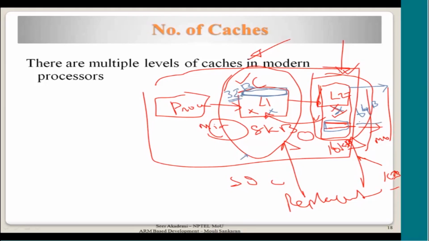Then that data is brought into the cache, and based on what part of the 64 bytes is required by the processor, it may need one word or one byte from here. So based on that, a part of this location is copied into this location and then given to the processor.